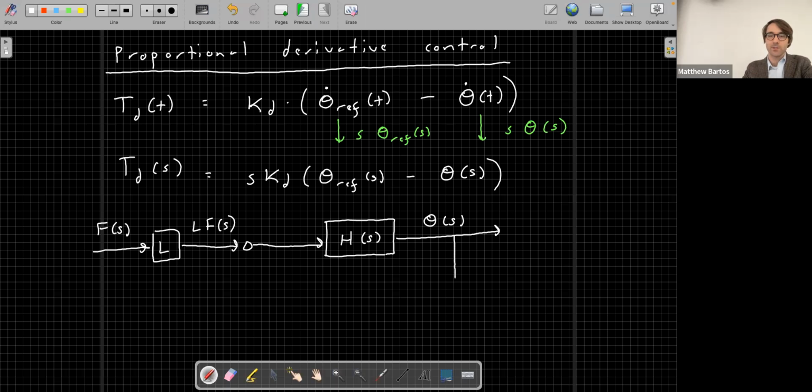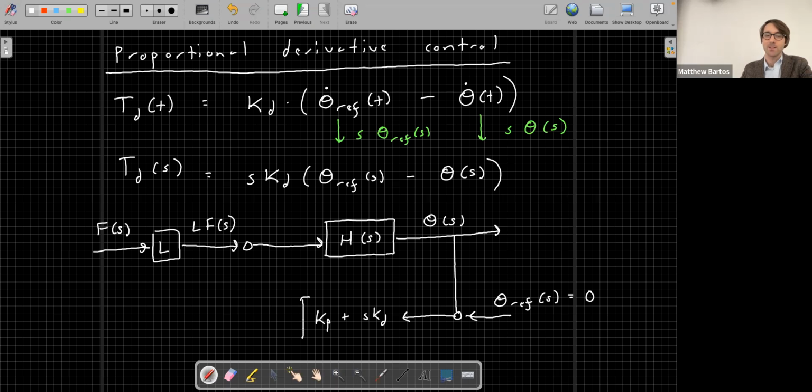We're going to take that output and compare it to theta ref of s, which is equal to 0. And we're going to feed that difference into a new controller, which will be equal to Kp, our proportional control, plus, what do you think the other component will be? s Kd. Very good.